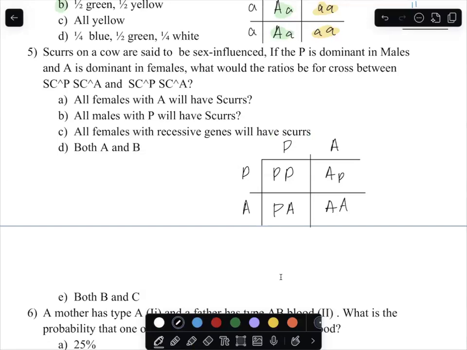So we want to remember that. Let's look at the girls first. A is dominant in females. So this would be dominant, this would be dominant, this would be dominant.